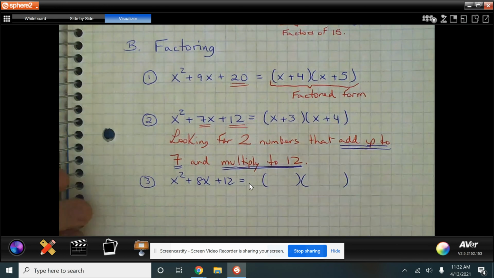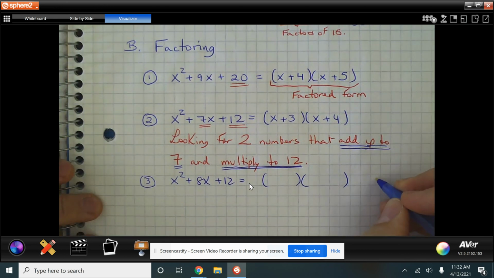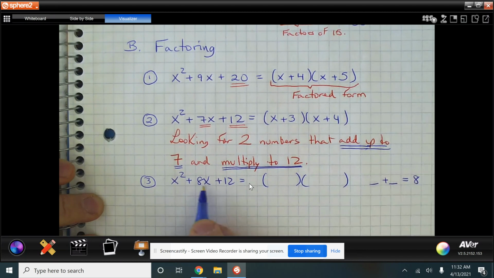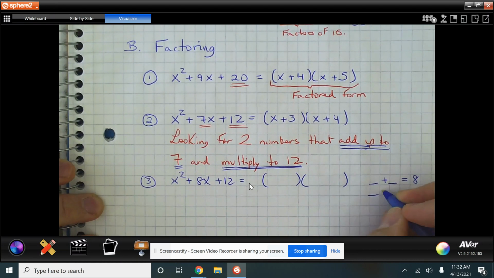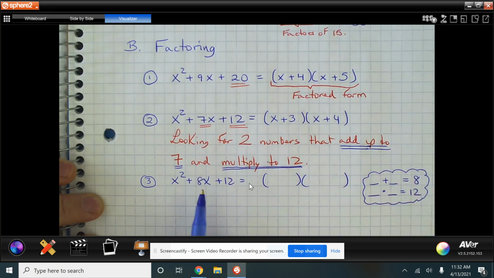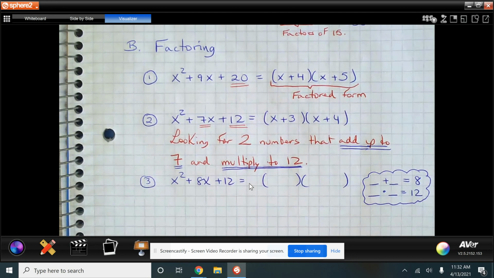So for those of you who might be stuck, I'm going to put a little bubble over here. You're looking for two numbers that add up to 8, the middle term. And at the same time, these two numbers need to multiply out to 12, which is your last term. Multiply out to 12 and add up to 8.